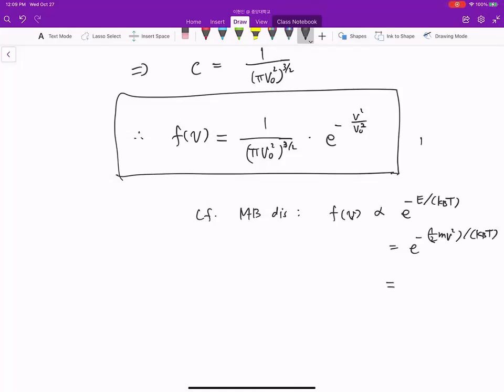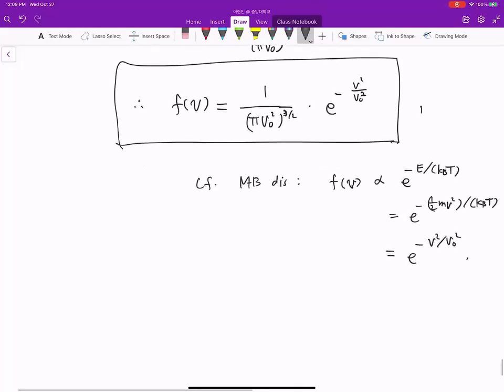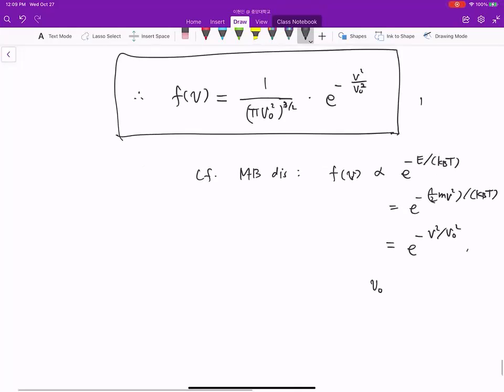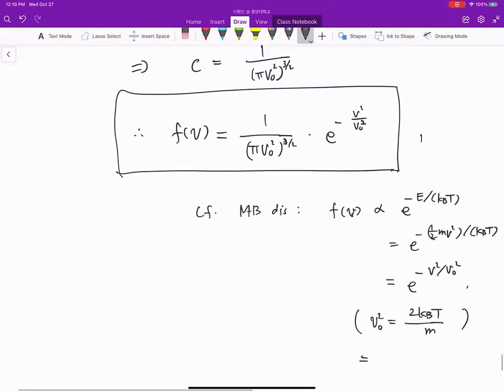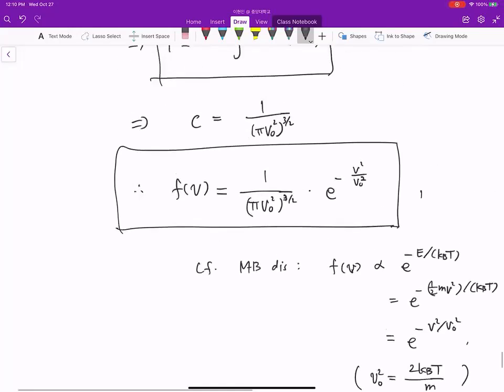So you can write the Maxwell-Boltzmann distribution in this form, and V0 can still be identified. This V0 square is related to the dispersion, right?